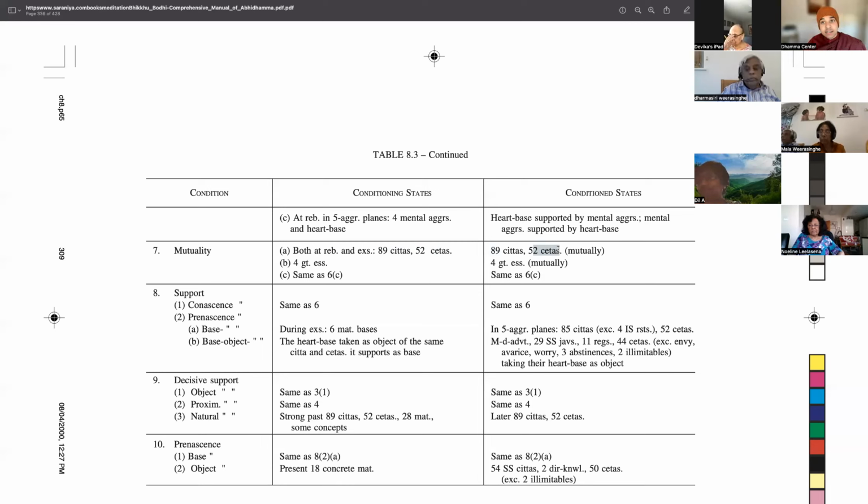Do you understand? If I want to give a dana or do something kind for a person, the volition arises, and then we start thinking, okay, what is the best thing that I can do for this person? If you are giving a dana or cooking for someone, you would consider the dietary needs and allergies, and what they would enjoy.